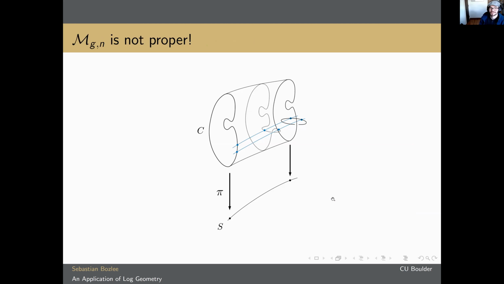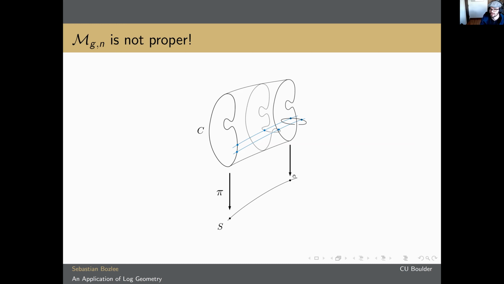So to have an example of such a family of curves, here's one. We've added two sections that are keeping track of marked points. And we can also read off of this example that M_{g,n}, the space of smooth curves with genus g and marked points, is not proper. We're missing limits. So here's how we see that. If we ignore this last curve, all the other curves are smooth.